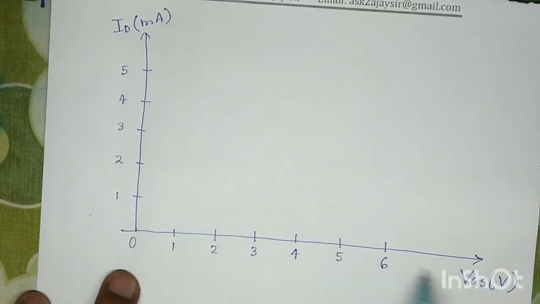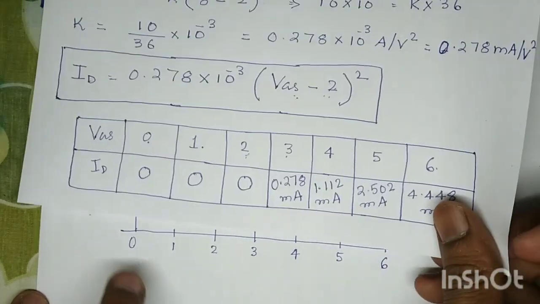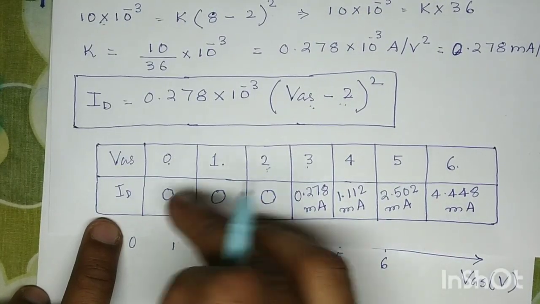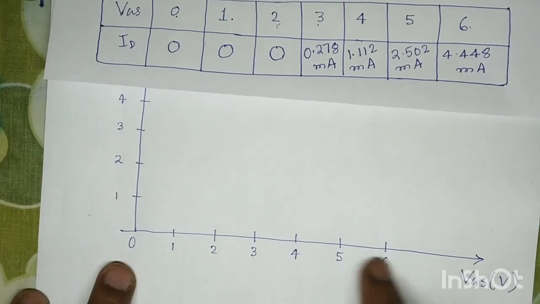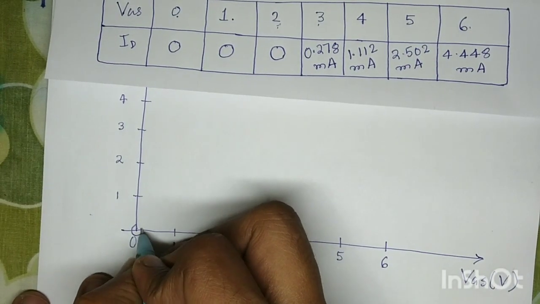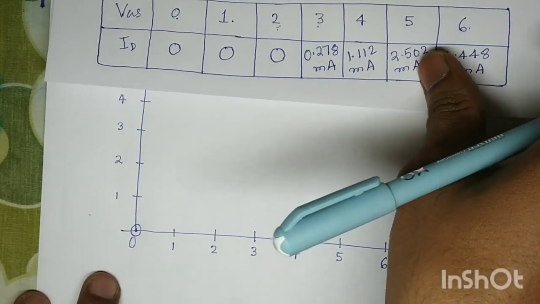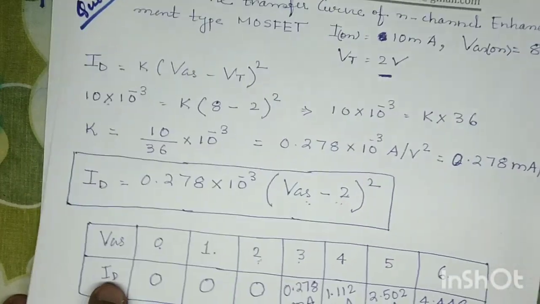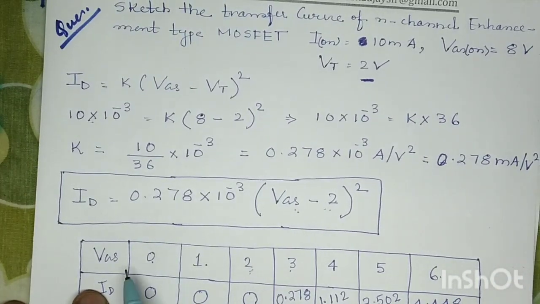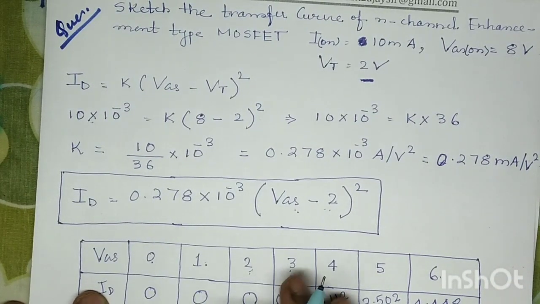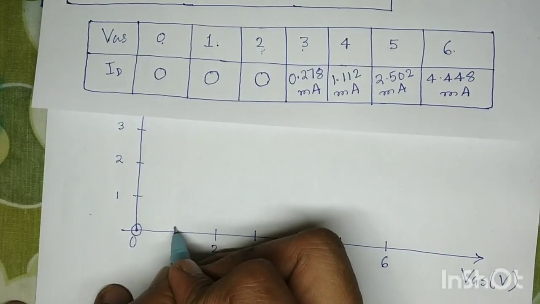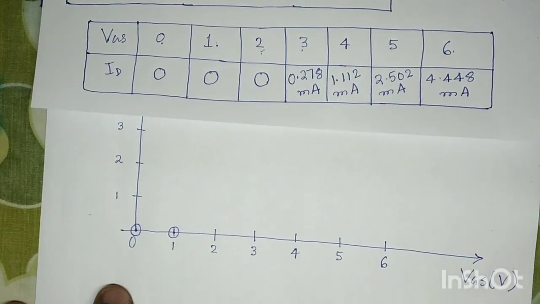So when VGS equals 0, current is 0, representing this point. When VGS is 1 volt, ID is 0, represent this point.